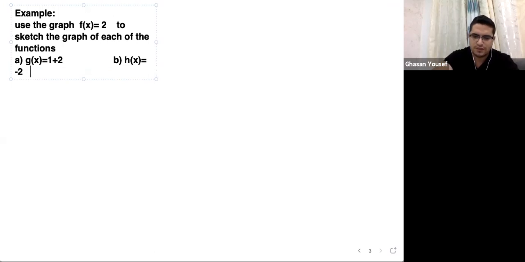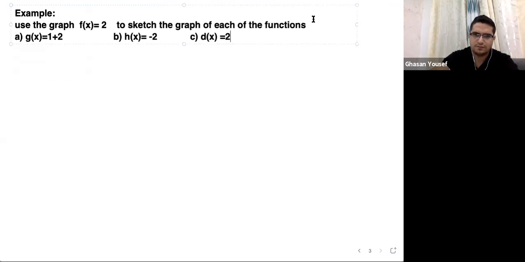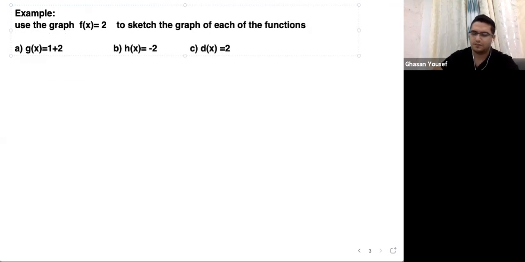And the last one, C, is d of x equal 2 to the minus x. Okay, here we have 1 plus 2 to the power x. Here h of x equal to minus 2 to the power x. And here we have d of x equal 2 to the power minus x. Okay, for the first one, A.